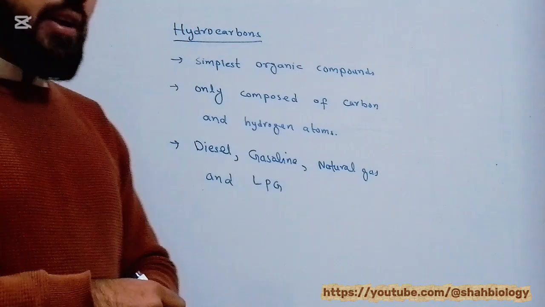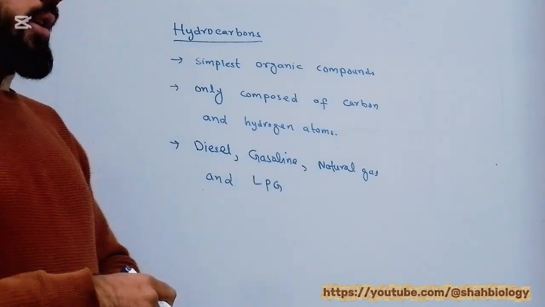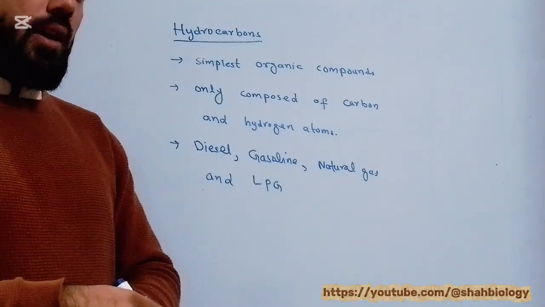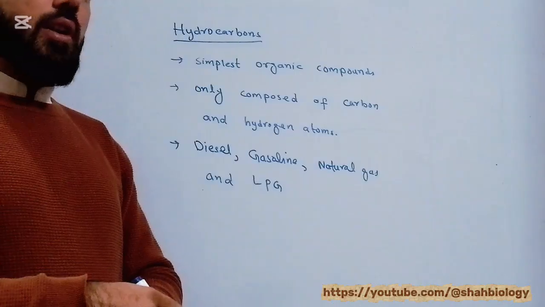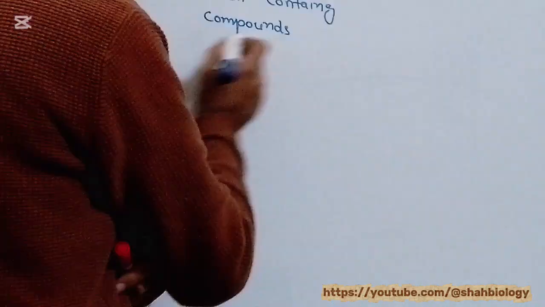Scientists classify hydrocarbons as saturated and unsaturated hydrocarbons. Saturated hydrocarbons are called alkanes, and unsaturated hydrocarbons are called alkenes and alkynes.